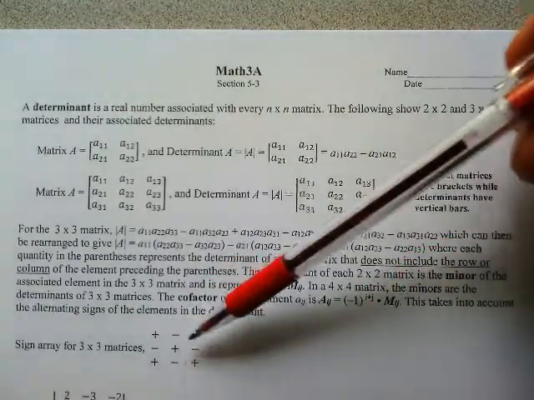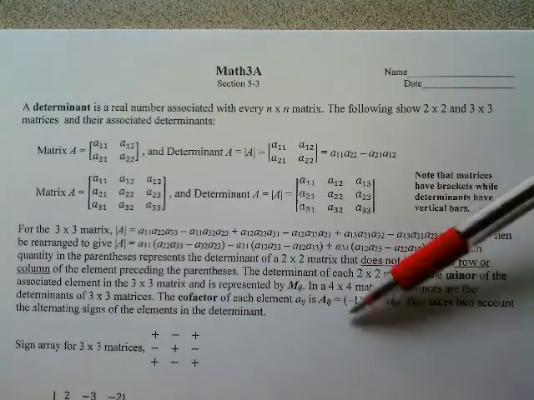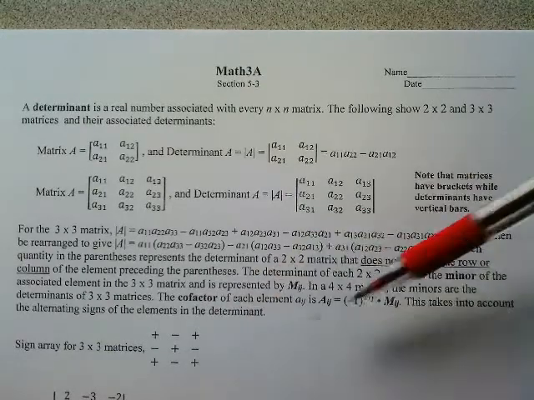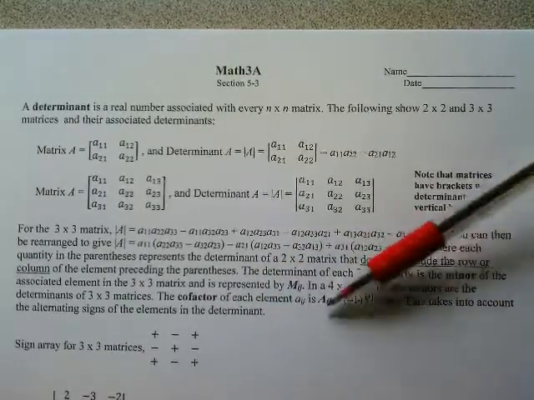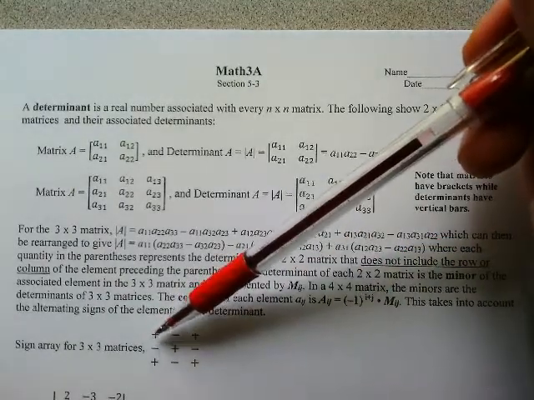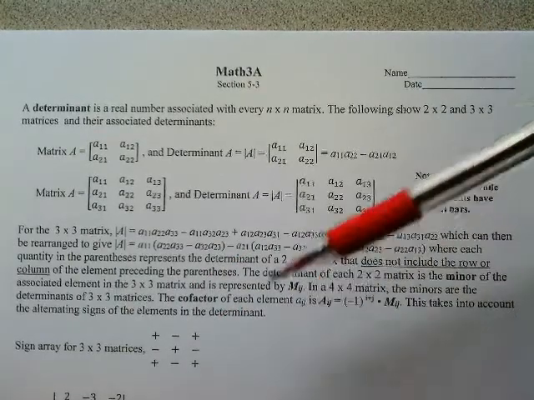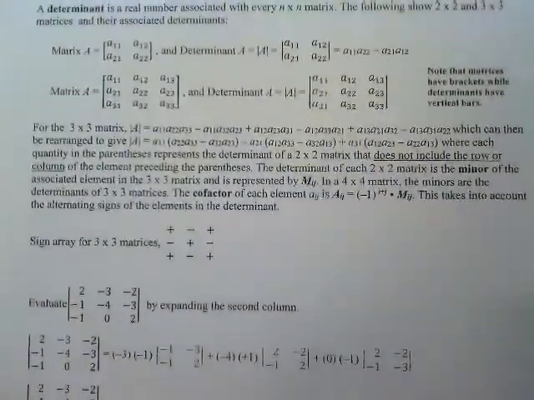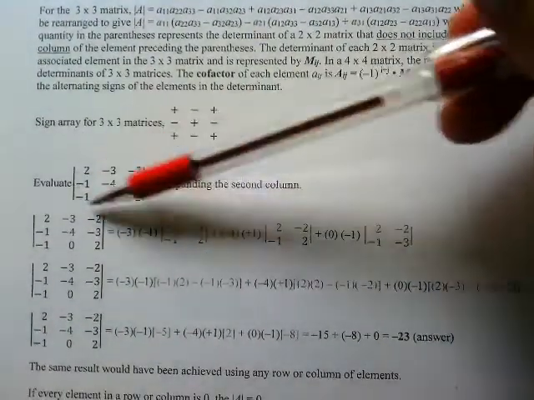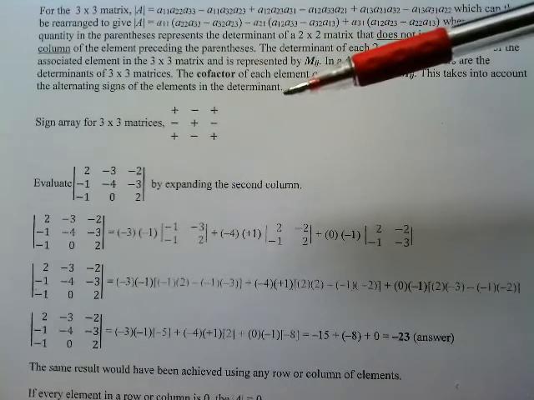Depending on where you are in your array, you'll have to use that positive or negative, and really, as opposed to seeing this formal general form of it, it's easier just to keep straight the plus minus pattern as you go through it. So for example, we want to evaluate this 3 by 3 here, and we're going to go across the second column.